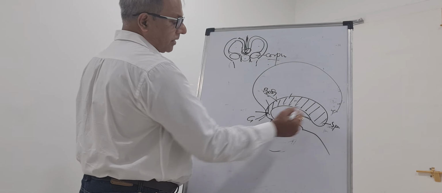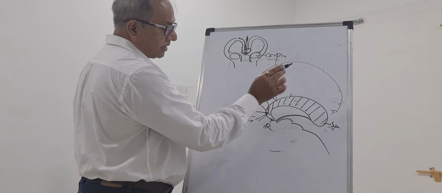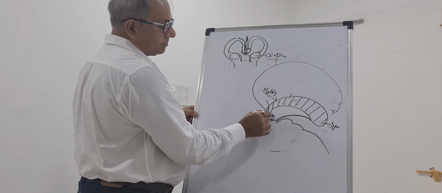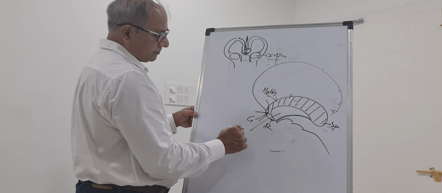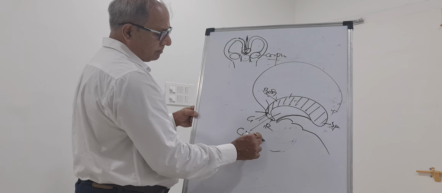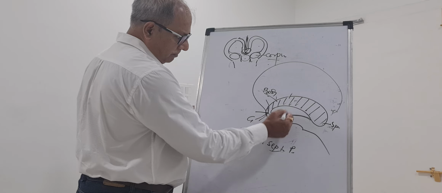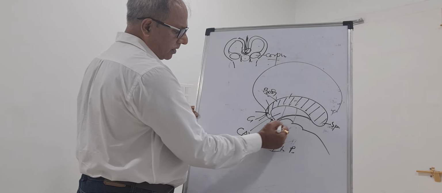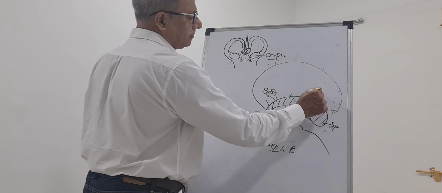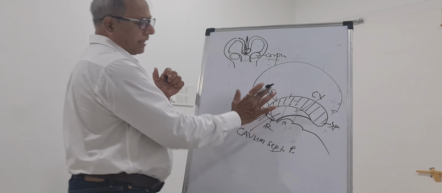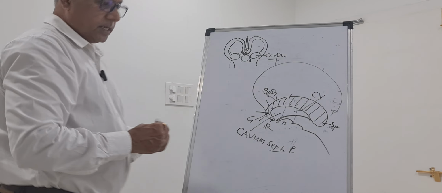If you see, just below that there will be the septum pellucidum, and between the septum pellucidum there is a cave. This cave is called cavum septum pellucidum, and this septum pellucidum is still here up to this. This is thalamus, and after that it will be cavum vergae. So this is the arrangement if you cut this section sagittal.